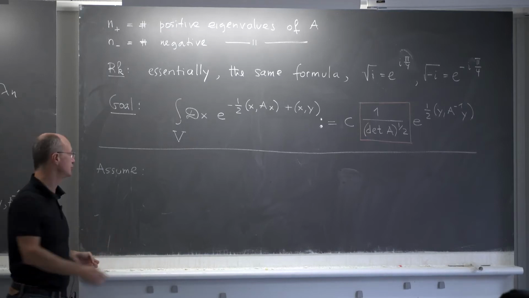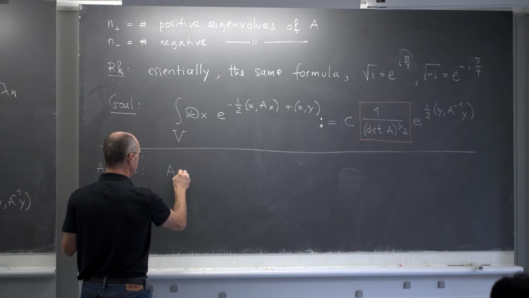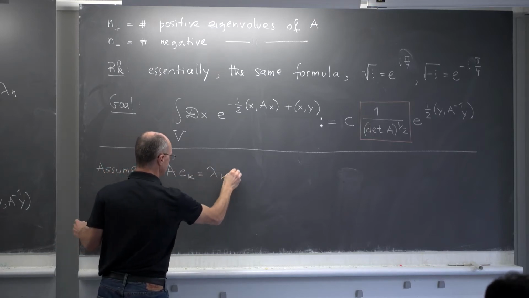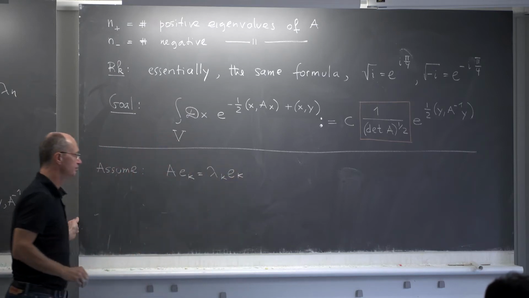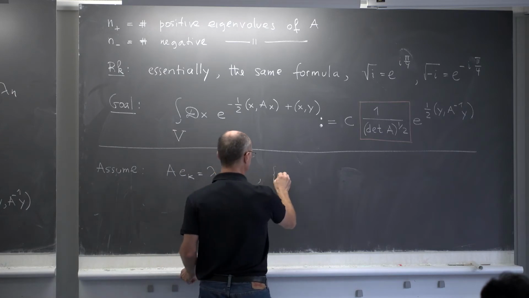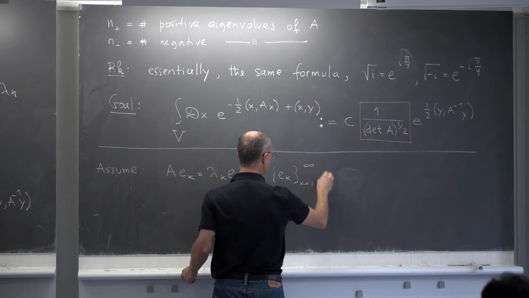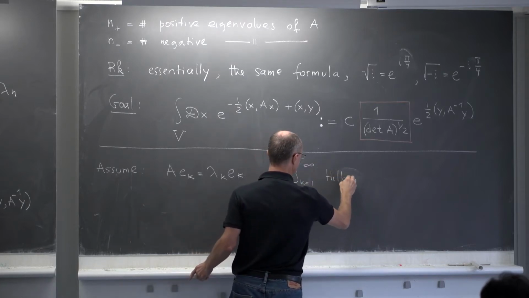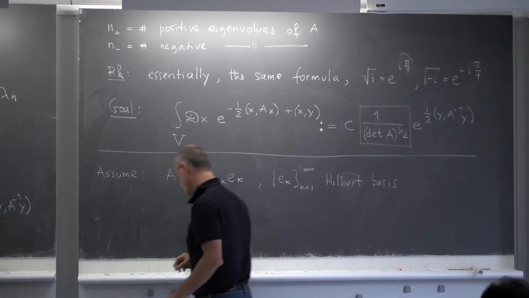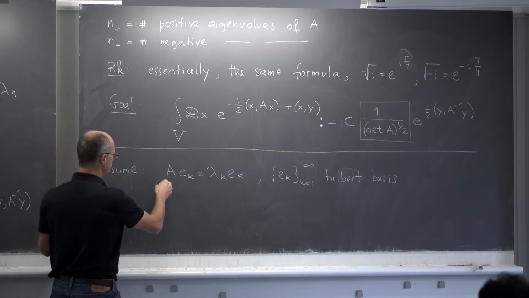So as usual, now we'll be assuming that A has a Hilbert basis of eigenvectors. So I'll be introducing those assumptions.